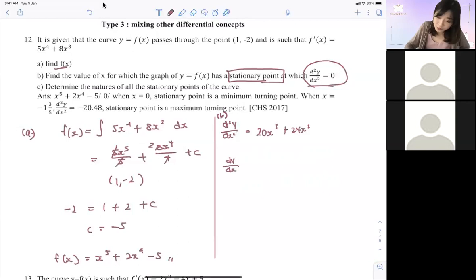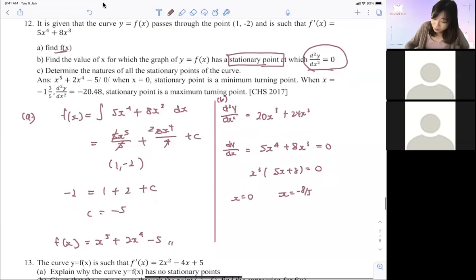So I let dy over dx equal 0 first. x equals 0 or x equals minus 8 over 5. These are my two stationary points. I want to see which of my stationary points will give me d square y dx square equals 0.